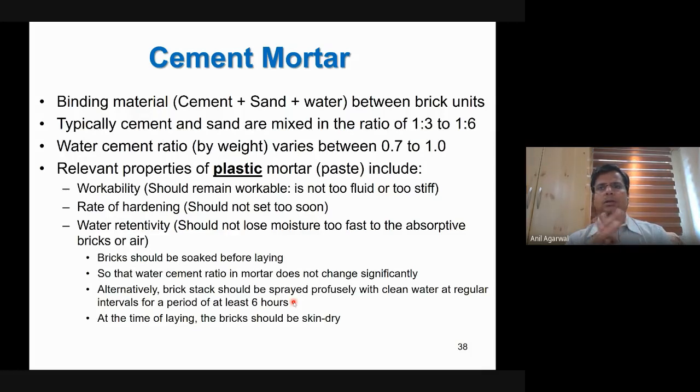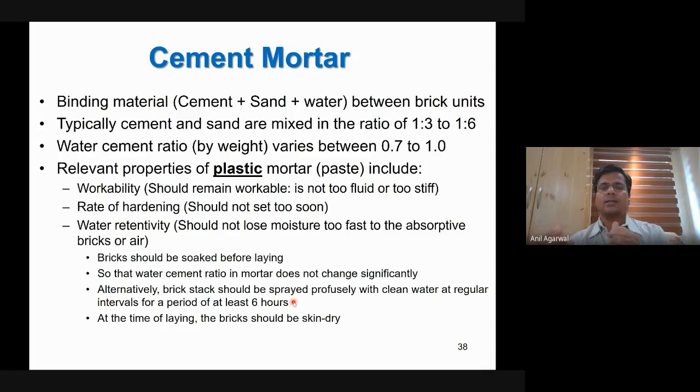So the cement to sand volume ratio is usually between 1:3 to 1:6. That is what is practiced in everyday life. If you ask any mason, those who do this kind of masonry work, they would say yes. If you take 1:3 or 1:4, that means one part by loose volume cement and 3 parts or 4 parts sand.